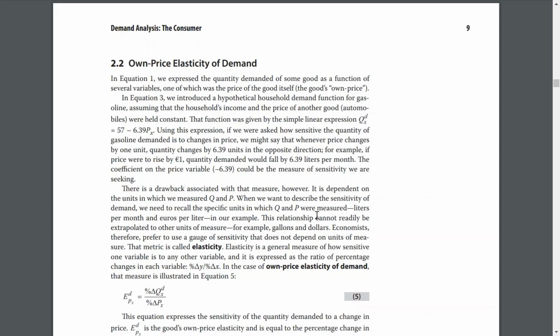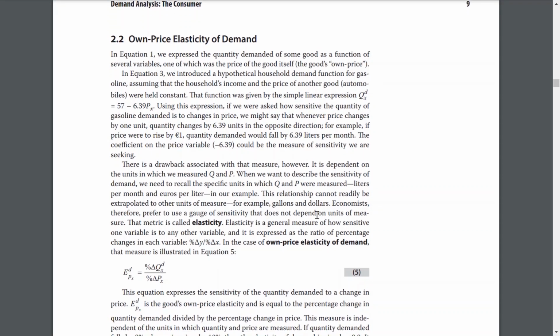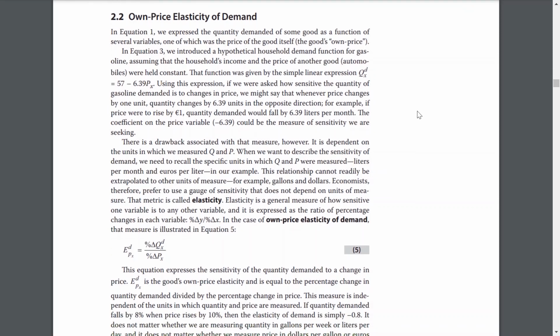Okay. 2.2, own price elasticity of demand. In equation 1, we expressed the quantity demanded of some good as a function of several variables, one of which was the price of the good itself, the good's own price. In equation 3, we introduced a hypothetical household demand function for gasoline consumers.